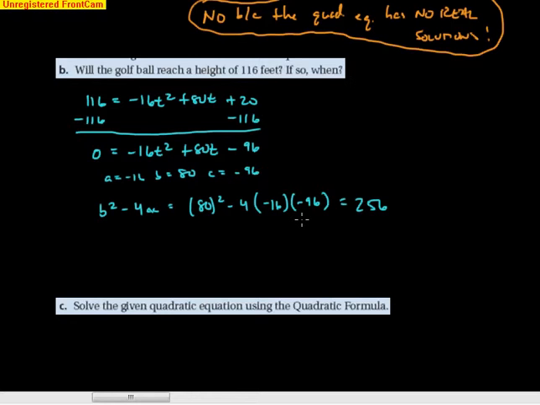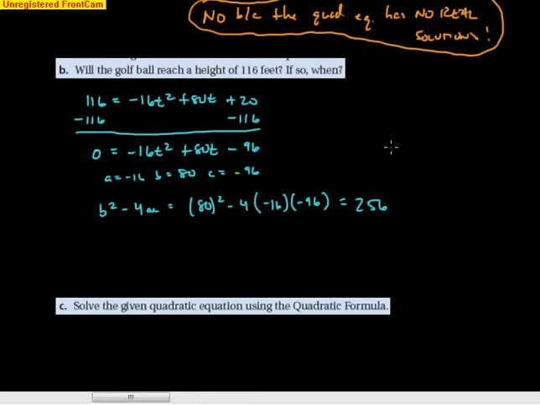This is a positive number, which means there's going to be two real solutions, which means I can find when the ball will reach this height, and I'm going to do so. To do that, I'm going to solve this quadratic, and I can use various methods. Now, if you're good with your perfect squares, you know that 256 is a perfect square. So this is actually factorable.